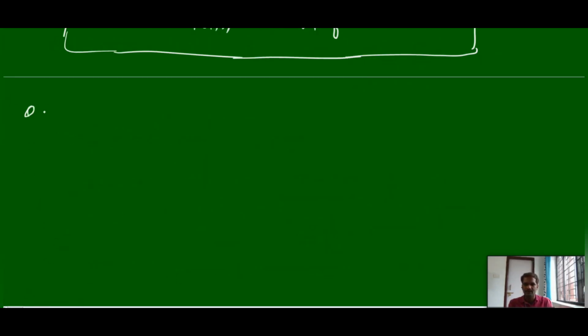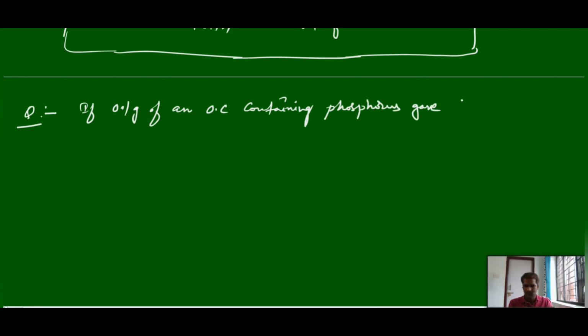One question related to phosphorus estimation. If 0.1 gram of an organic compound containing phosphorus gave 0.322 grams of magnesium pyrophosphate, what is the percentage of phosphorus?